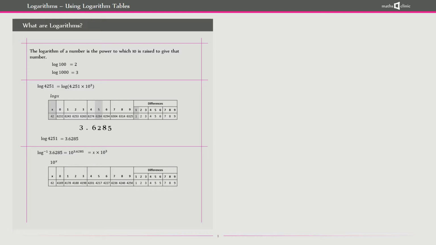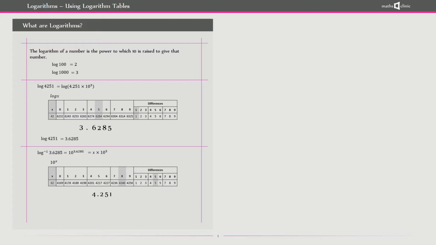Now we have 3.6285. We look at 6285, so we're looking at 62 under 8, difference 5. 62 under 8 is 4246, and difference 5 is 5. So we add 4246 plus 5, and what we have is 4251.